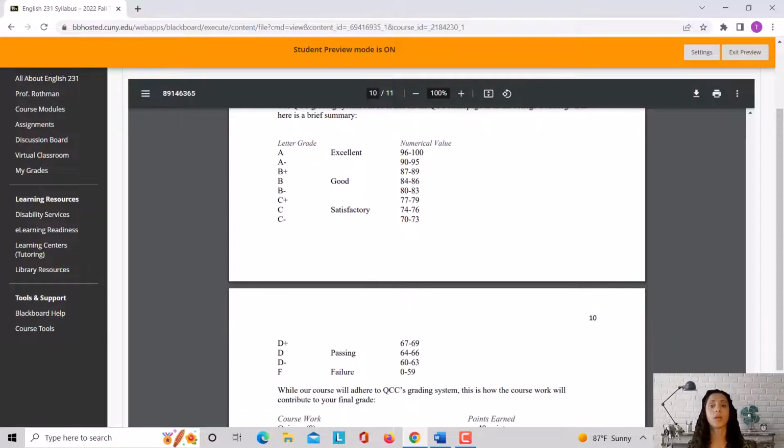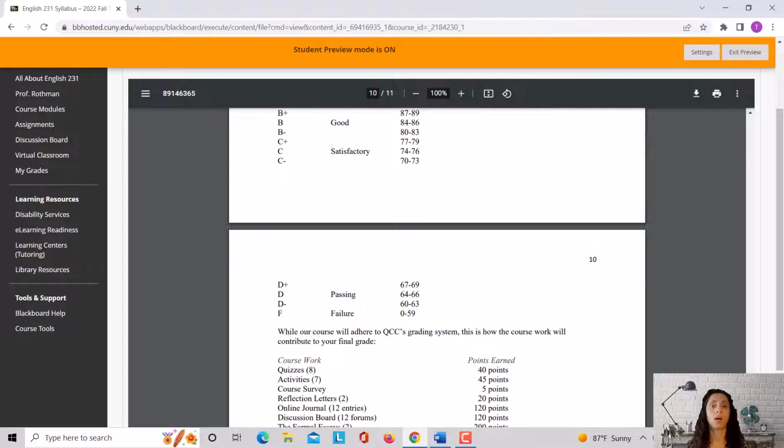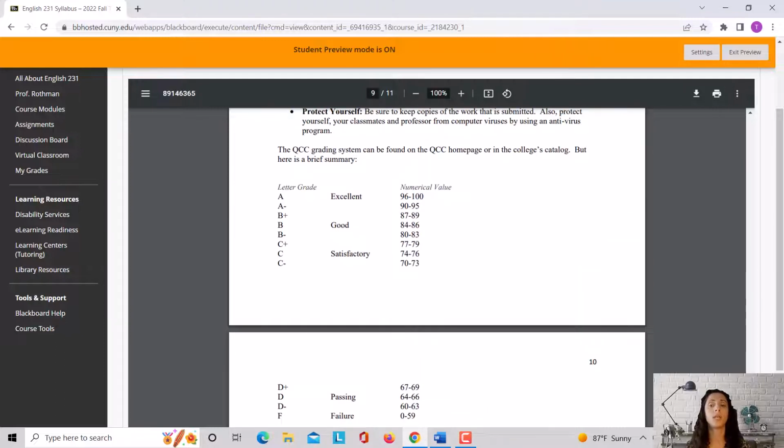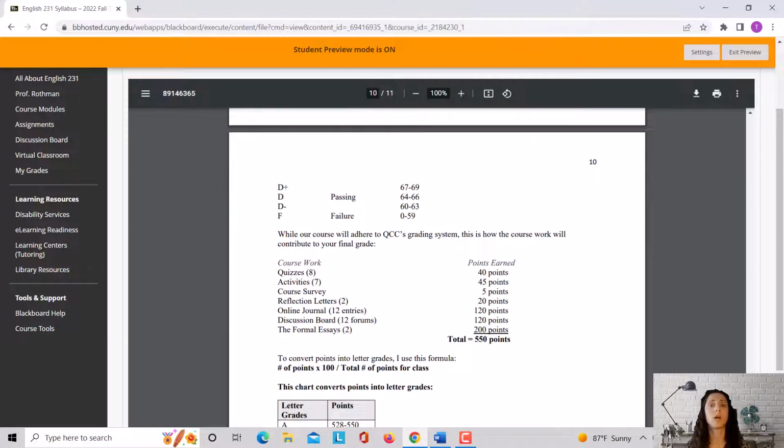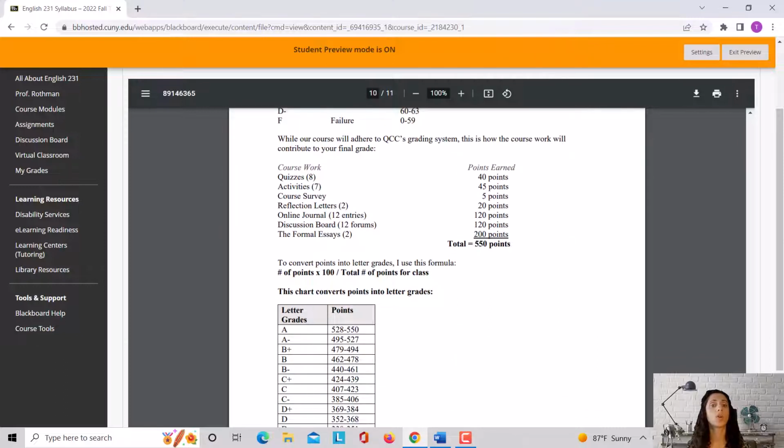So we have here a section on grading. This is the QCC homepage's section on the grading system, and you have a brief summary in the syllabus. You can take a look at that on pages 9 and 10. Our course will adhere to the QCC's grading system. I have here a breakdown of the coursework and the points earned.